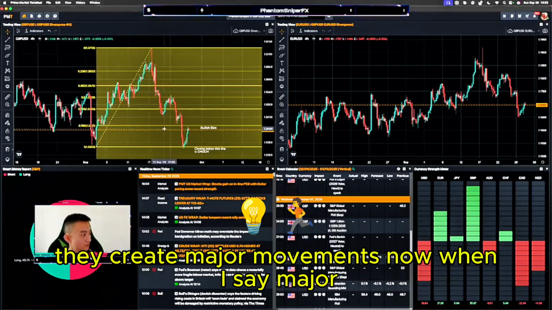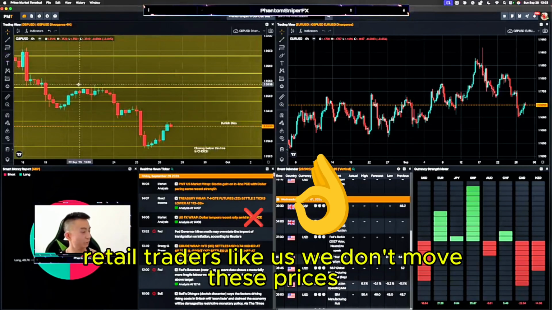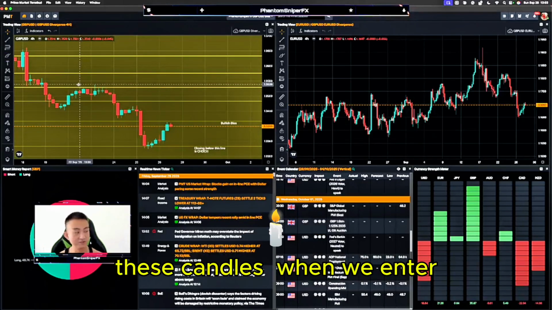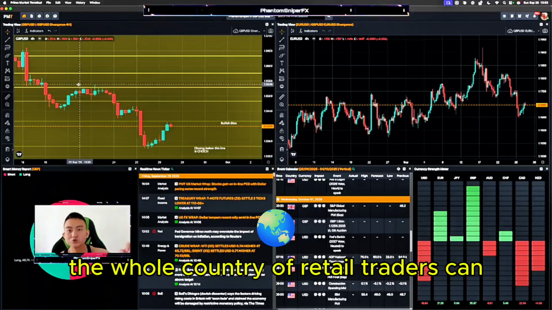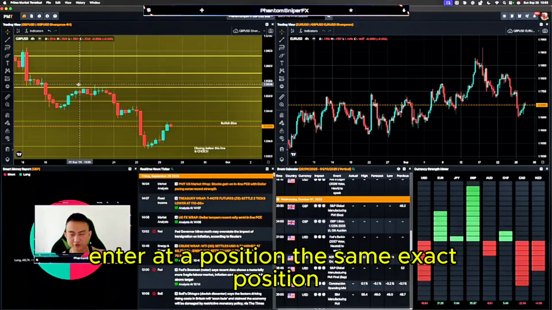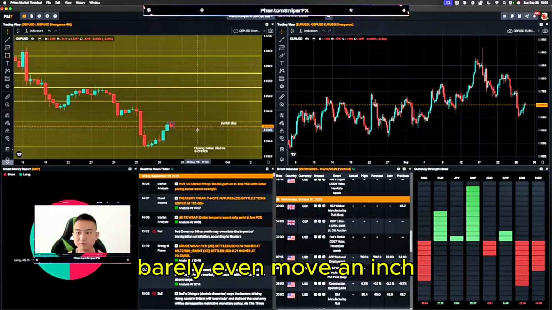When I say major, let me tell you, within the Forex market, retail traders like us don't move these prices. When we enter, these candles don't move at all. The whole country of retail traders can enter the same exact position, and this candlestick barely moves an inch.